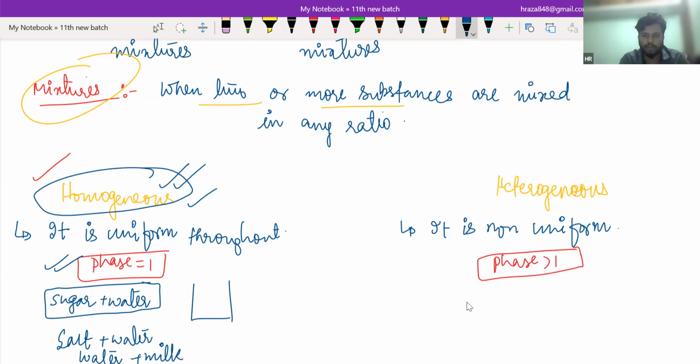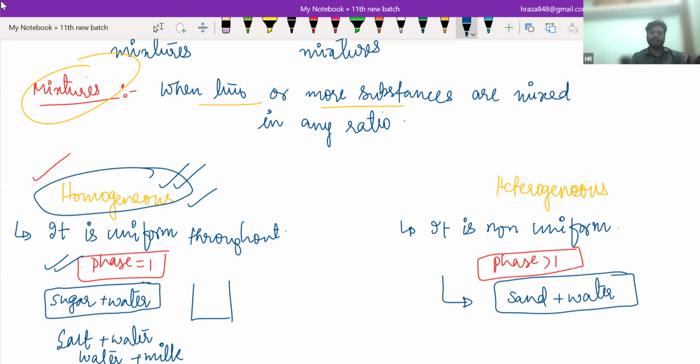Now come to this point, heterogeneous mixture: phase greater than 1. What does this mean? If you add sand in water, what will you see? You will see that sand is settled down at the bottom of the glass or container.